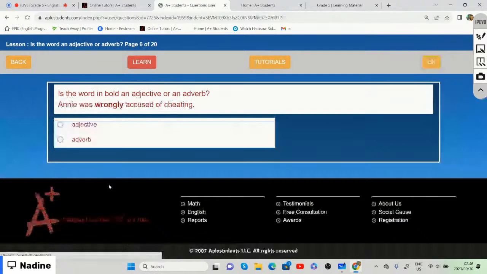Annie was wrongly accused of cheating. Is the word wrongly an adjective or an adverb?